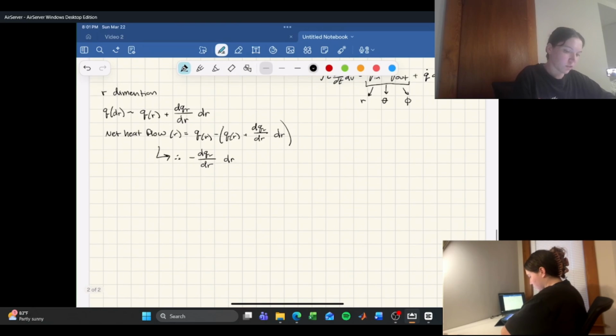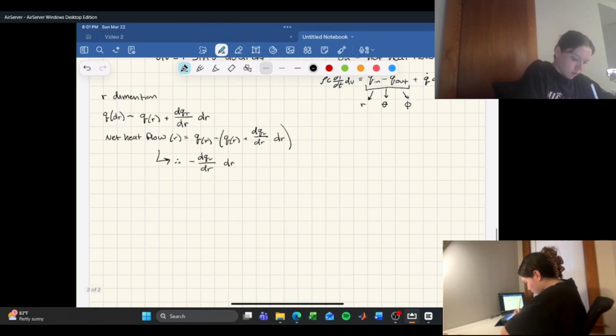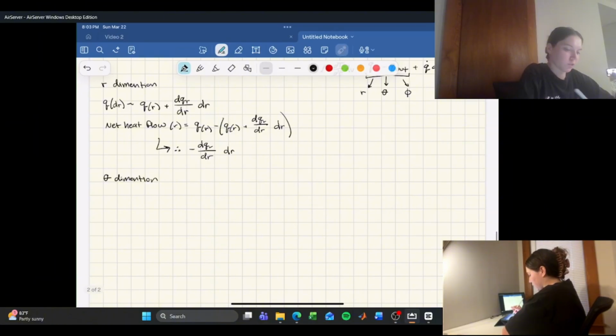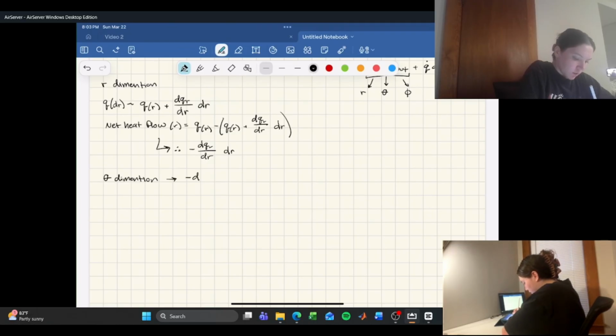And we're going to do this for each of these dimensions. So we can do this with theta as well. So we're going to use this same process that we did up here. So I'm just going to skip those steps for the other two dimensions. But it's going to be the same process, but just with respect to each of their dimensions.